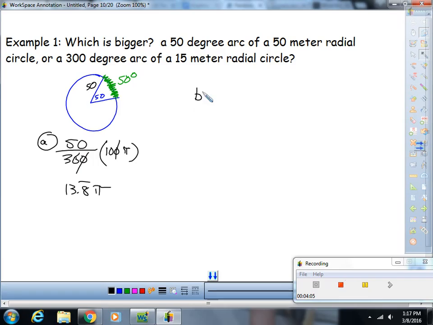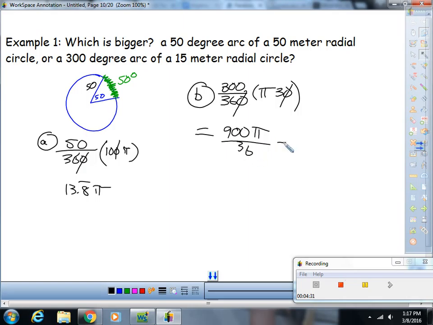For part B, we will do 300 over 360 times pi d, and in this one d is 30. So that is, oh, let's see, 900 pi over 36.